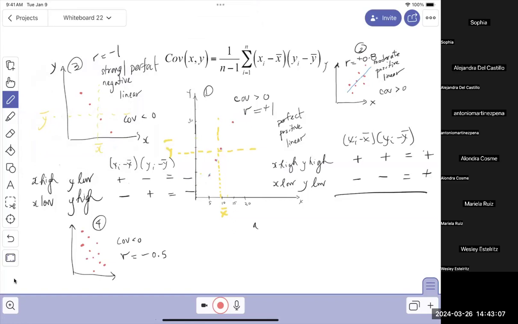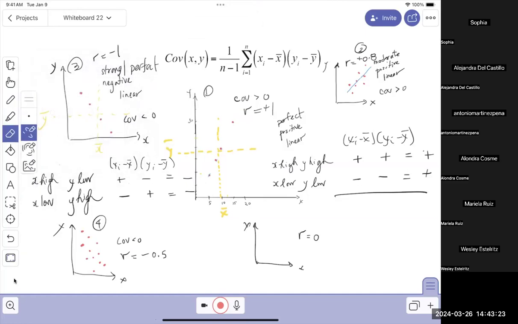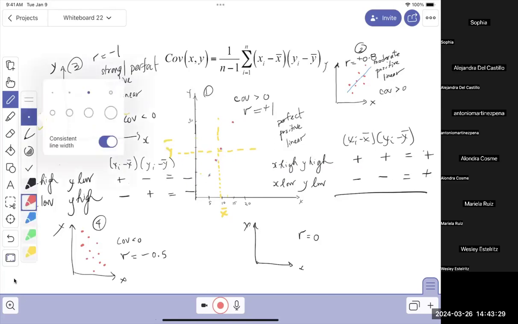When is the R 0? What does it look like? Draw something for yourself where R is 0. See if we get the same thing. Oh, okay, yeah, that's right, Diego.